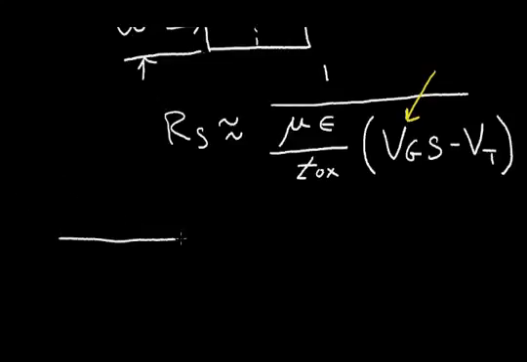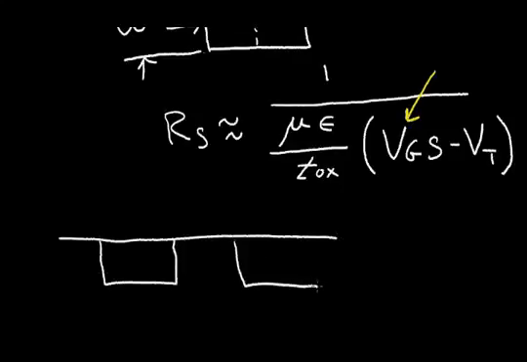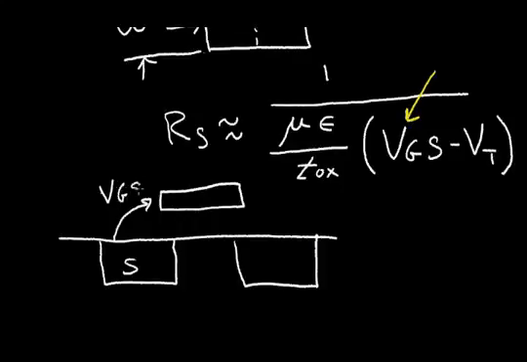If we have the surface of the wafer, we have a source, a drain region, and a gate electrode. And we apply, say this is source, we apply a V gate to source that's bigger than the threshold voltage, and we invert this channel region. Let me change colors.